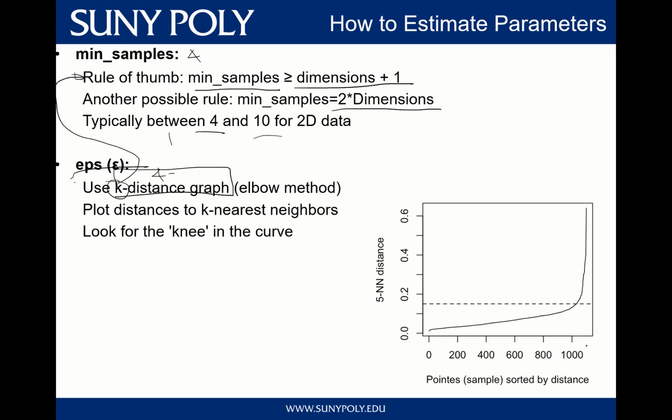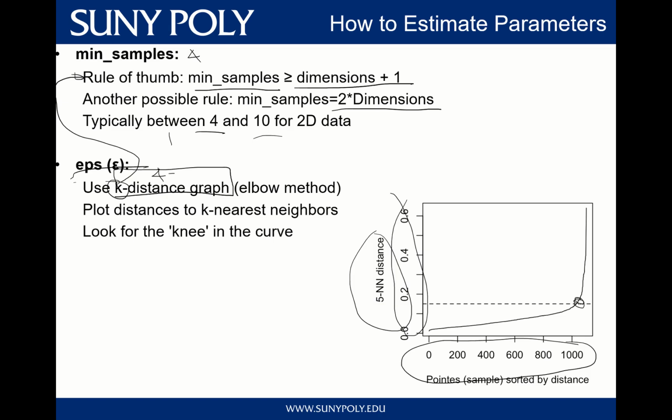Here in the x-axis, you have the number of observations, and this is organized. So this plot will always look like this. It's going to be increasing. In the y-axis, we have the distance. Here is where we're going to get our EPS from. We use the knee or the elbow method. We try to see at which point this plot increases significantly, where the change in the slope is dramatic.